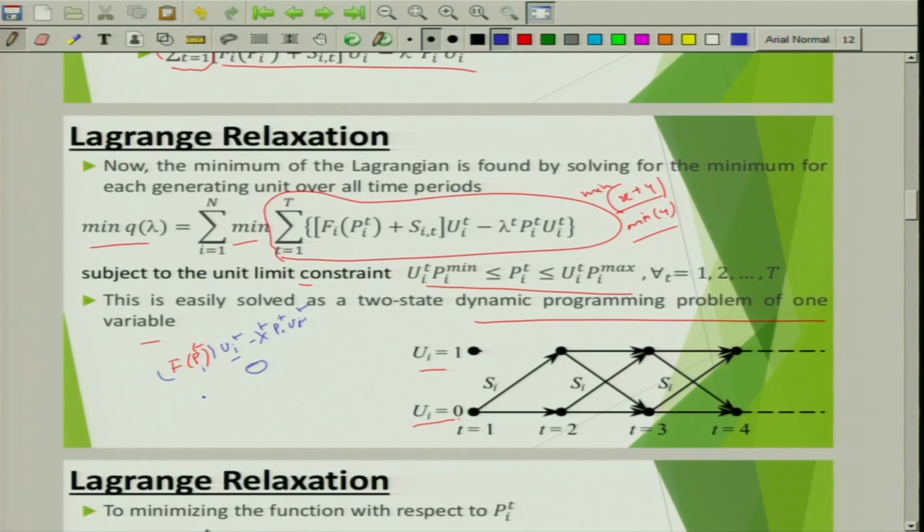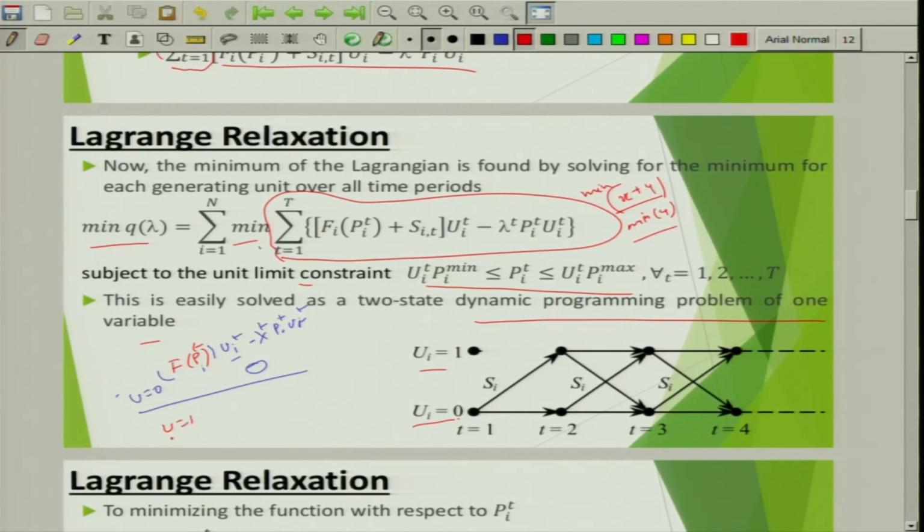That means for u equal to 0, this expression for all the generators comes out to be 0. So if you need to consider the generator to be on, the overall value should be negative. For u equal to 0, you get 0 by putting it into this expression.